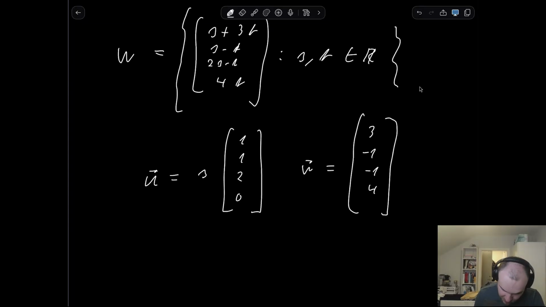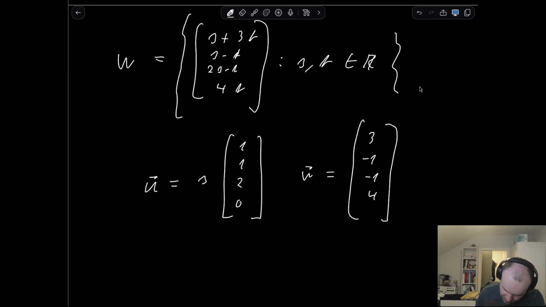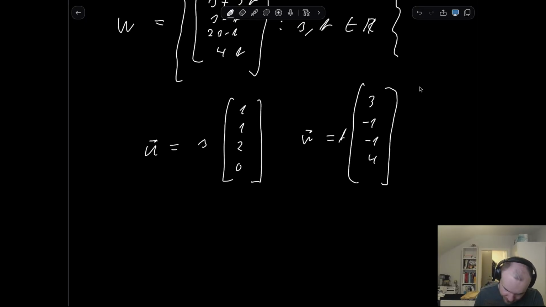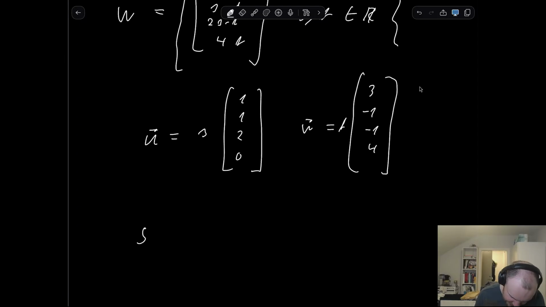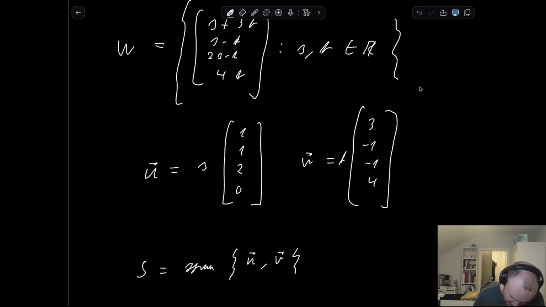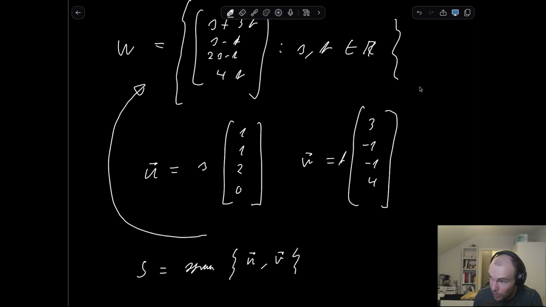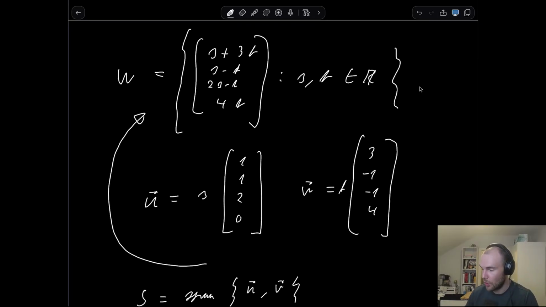Now you can see pretty clearly that the span of u and v, let's say S is equal to the span of u and v, is the same set as W. And we know that the span of u and v, since they are in 4 dimensions, is a subspace of R^4. Which means that W is of course also a subspace of R^4.